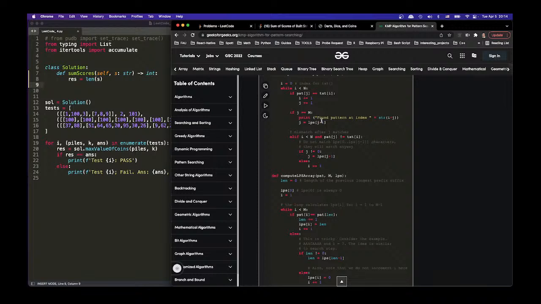We have these matching, and then the next one turns out not to match. And if it's not matching, then it will be 0, no matter what. But we want to find out the previous longest suffix.